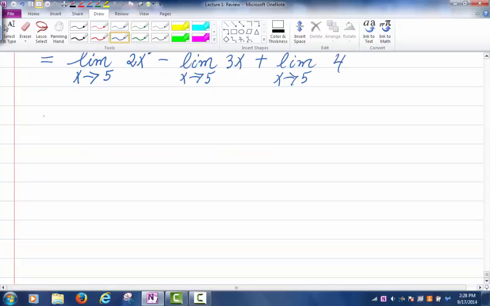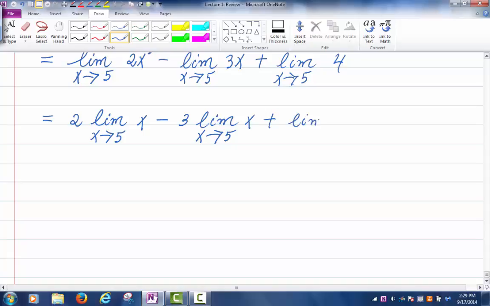And then law number 4 that I wrote says that if I have a constant factor, I can take it outside of the limit. So I can write 2 times the limit as x goes to 5 of the function x minus 3 times the limit as x goes to 5 of x plus the limit as x goes to 5 of 4.